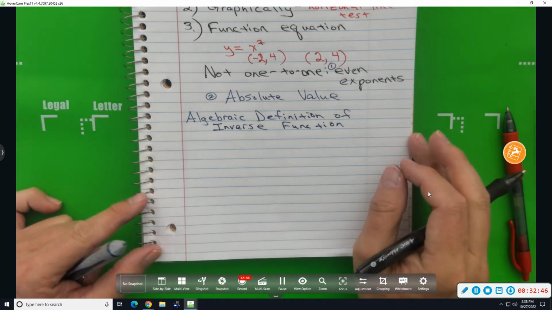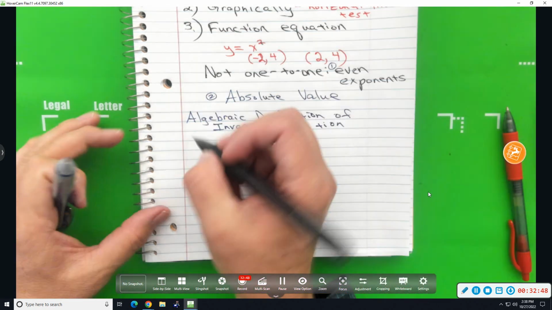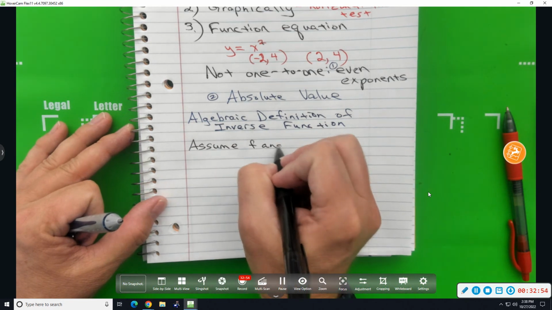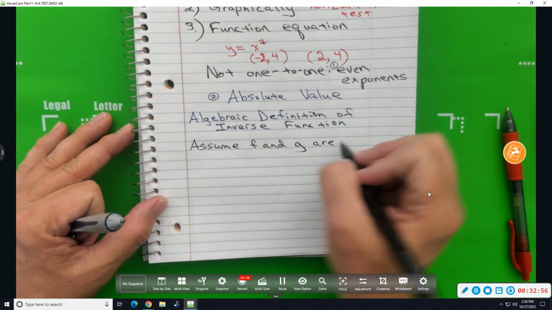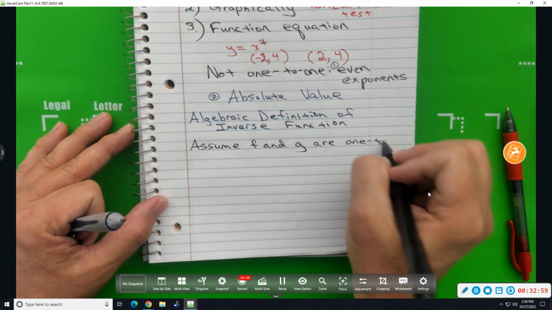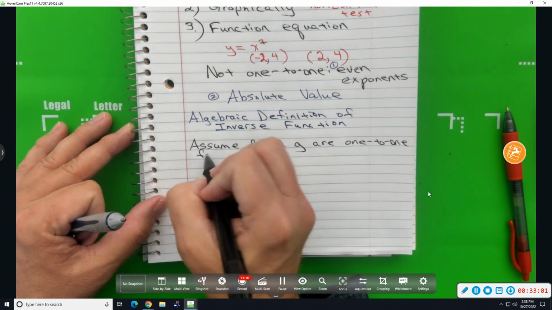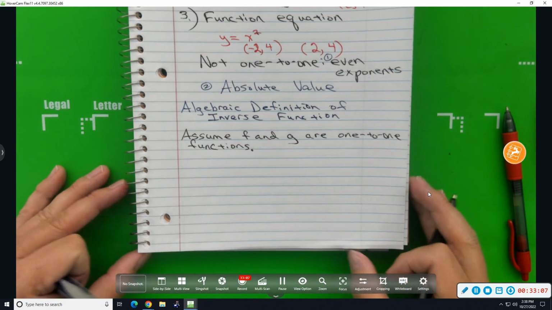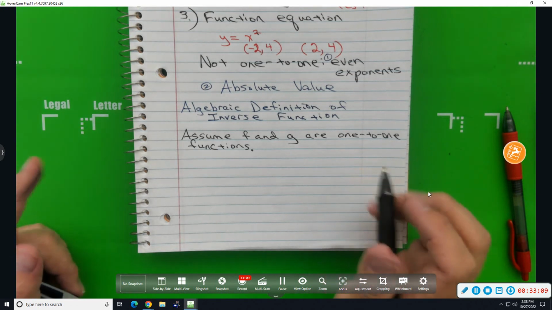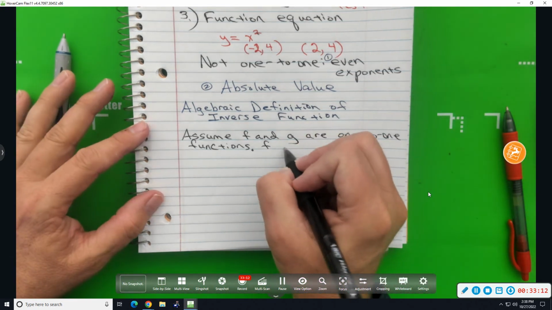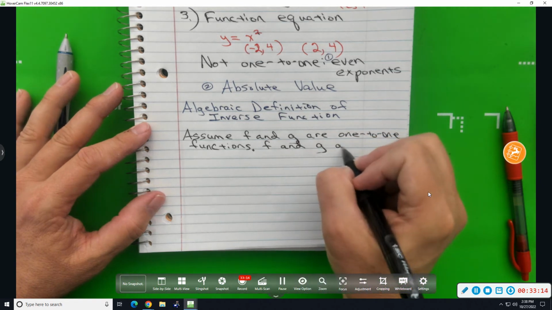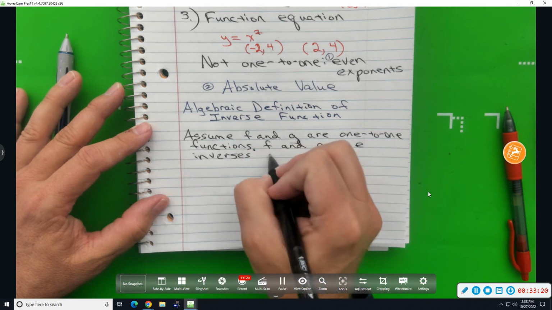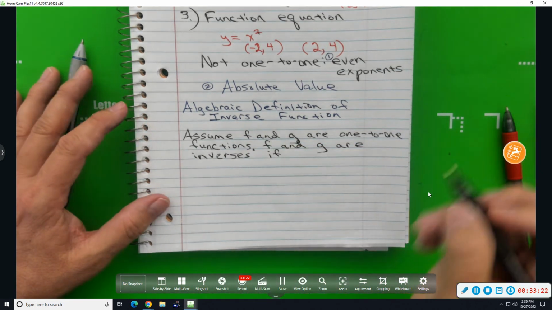Assume the two functions I'm about to use are one-to-one. Let's assume f and g are one-to-one functions. f and g are inverses if each of the following is true.